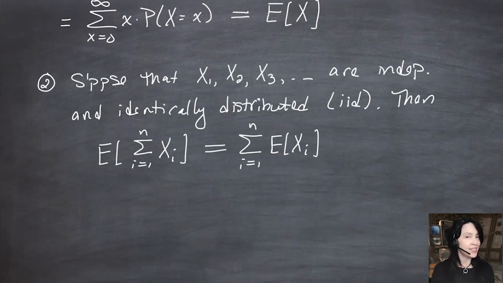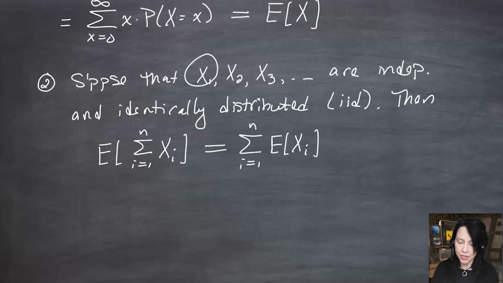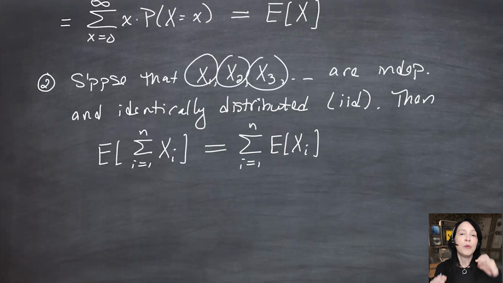Now, if x1, x2, x3, etc. are identically distributed, that means that they are governed by the same PDF or PMF, probability density function or probability mass function. And so they have the same probability of taking on certain values and being in certain regions. And on average, they're going to be the same, even though individually, if you were to observe these, you're not going to see the same thing over and over again. But you have the same probability of being in the same place.